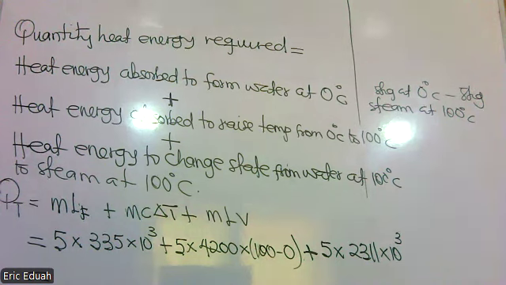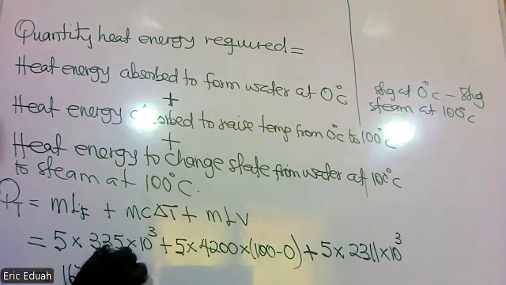So 335 times 5, which is 1675. This is 1675 times 10 to the power 3, plus 4200 times 100, times 5.